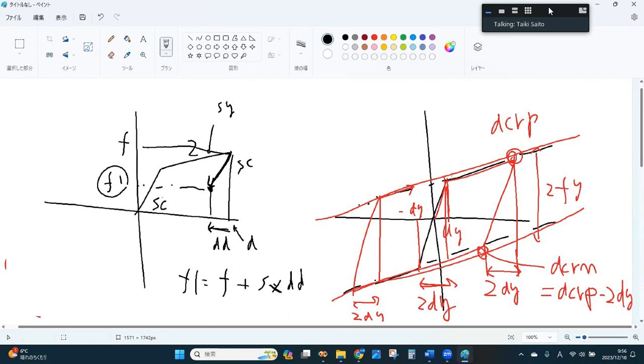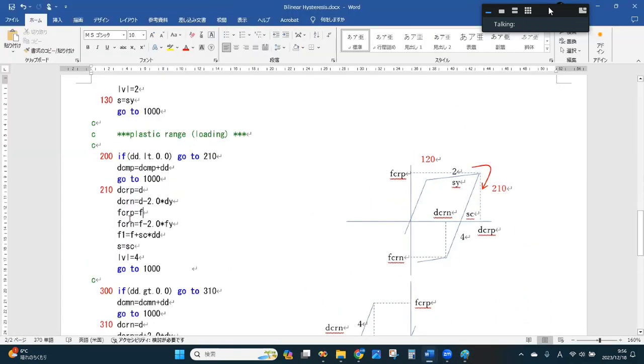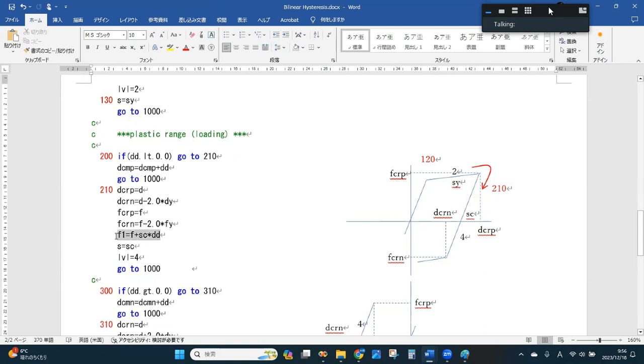So when you look at this one, I'm talking about this part. And the stiffness is now changed to SC. And level is 4.